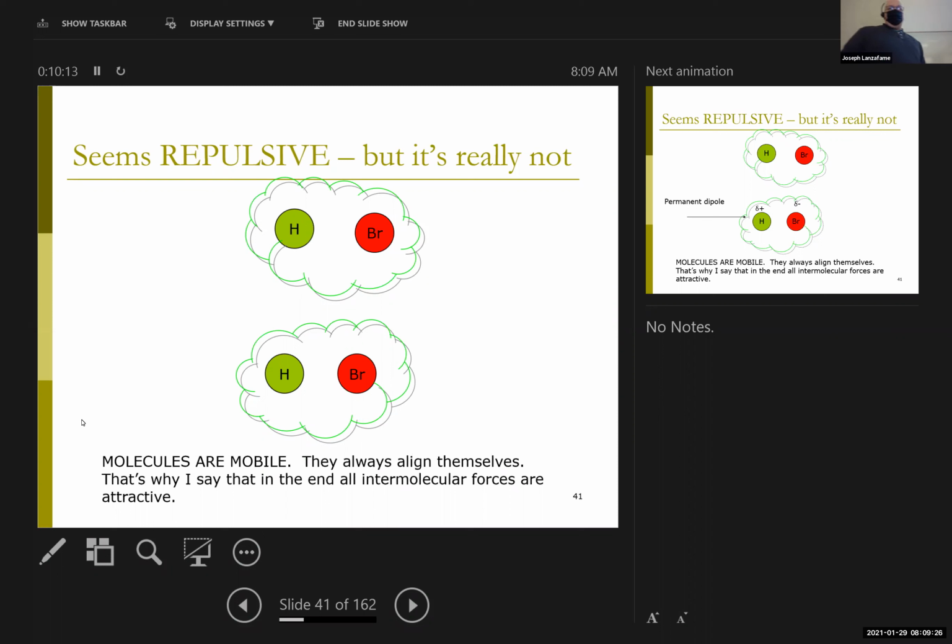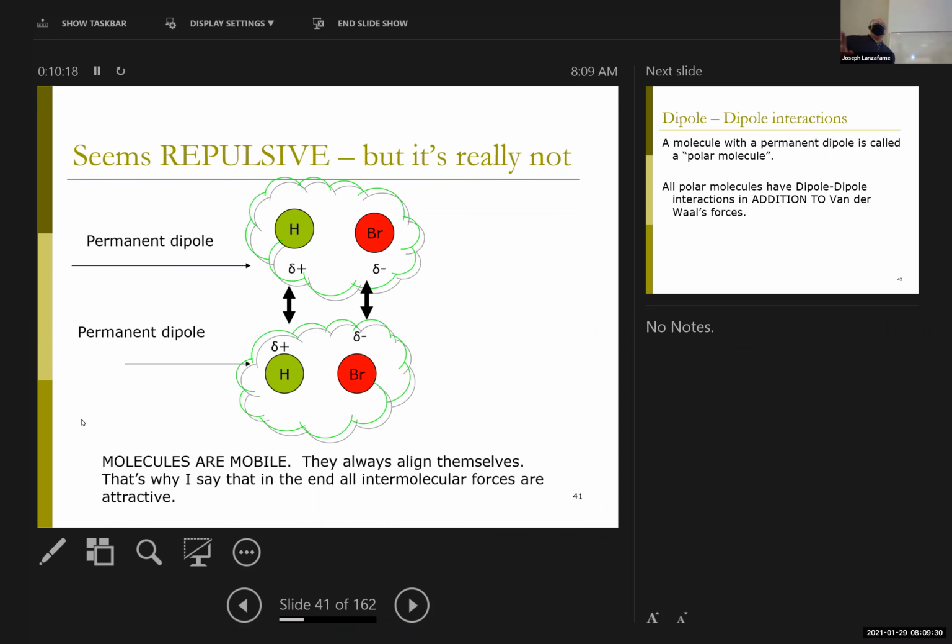But again, here's where the case of being mobile matters, right? These are not two molecules that I plopped down on the screen this distance apart like I did when I drew this. These are molecules that are moving. And so again, the interaction is based on them moving close enough together to feel each other.